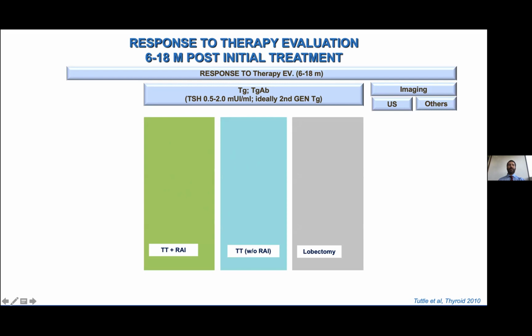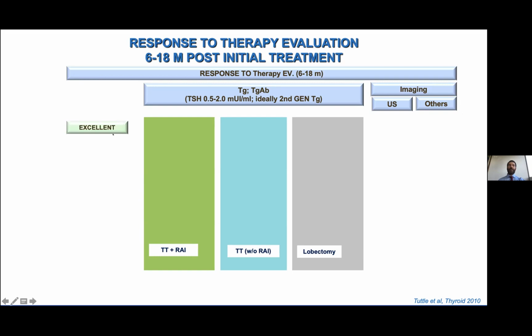And the level of thyroglobulin and thyroglobulin antibodies will depend also, to make the different classification, on what was the treatment that the patient received: total thyroidectomy plus radioactive iodine, total thyroidectomy without radioactive iodine, or lobectomy.